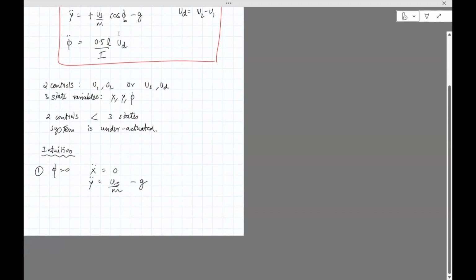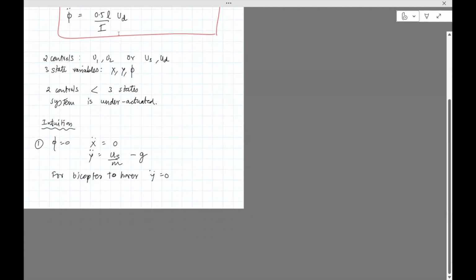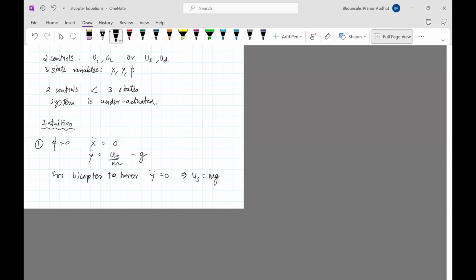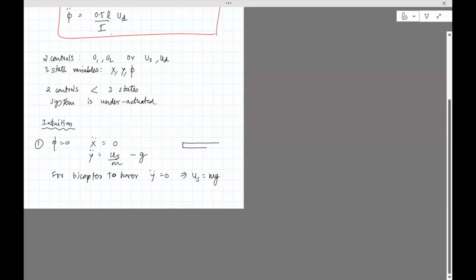Right? For the bicopter to hover, y double dot should be 0. It shouldn't be moving in the up direction. So we have the condition that Us should be mg. When Us, the thrust force, the sum of the forces, is equal to mg, the bicopter will remain stably hovering.